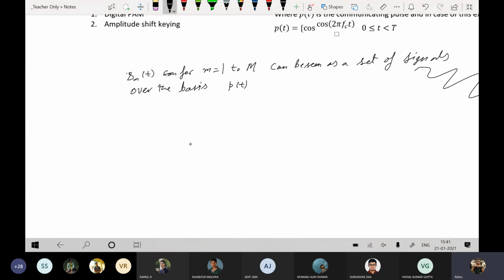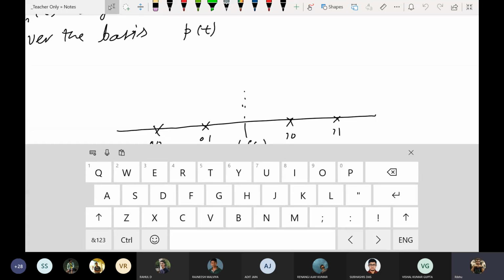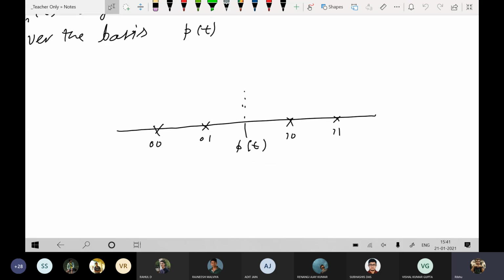So now say this is the p(t) axis and so 00, 01, 10, 11. I can draw these signals on the p(t) axis like this.